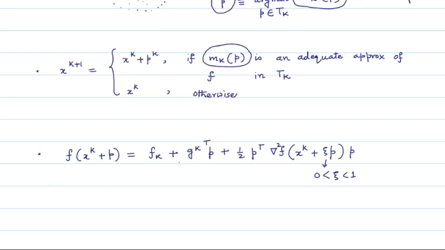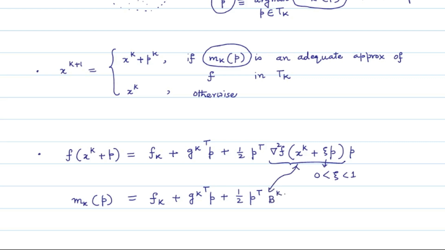From this equation of Taylor's quadratic approximation, we take the model function to be the expression fk plus gk transpose p plus half p transpose Bk p. Instead of considering the Hessian matrix, we employ an approximation of it, say Bk.